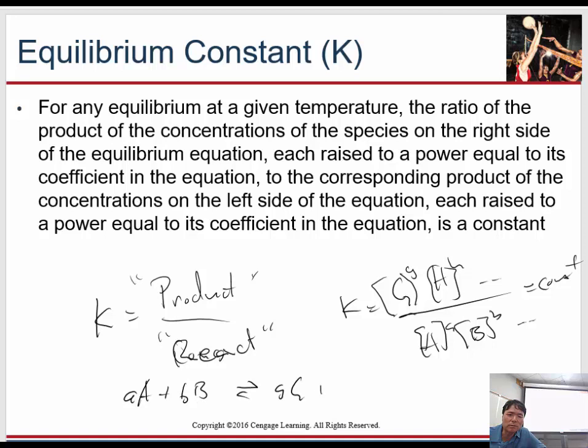This is going to go to gG plus hH. Now, the interesting thing is that we can't necessarily call the exponents by those letters, so we call them m, n, o, p. Where m, n, o and p we have to figure out. Oops, did we figure that out? No. Sorry.